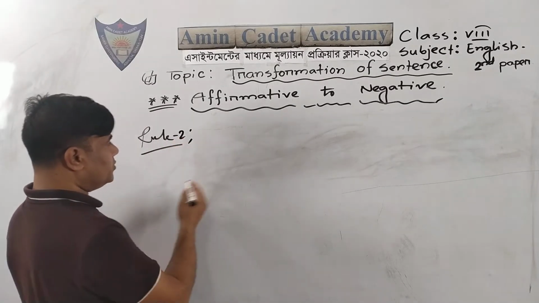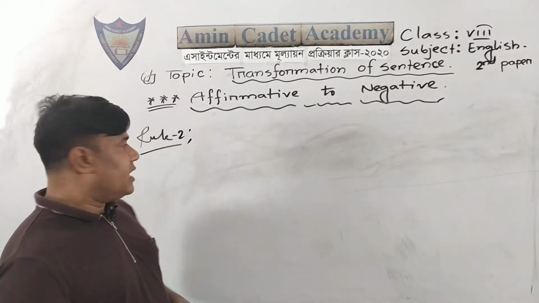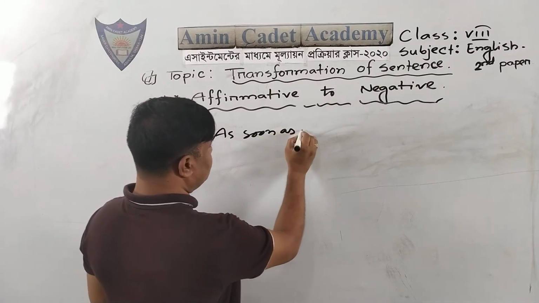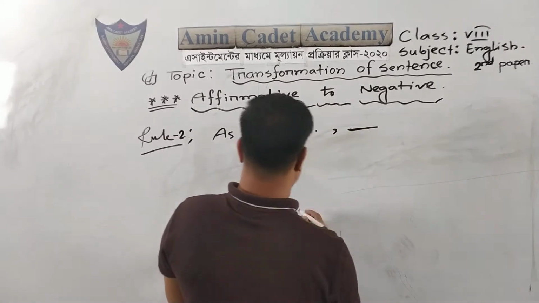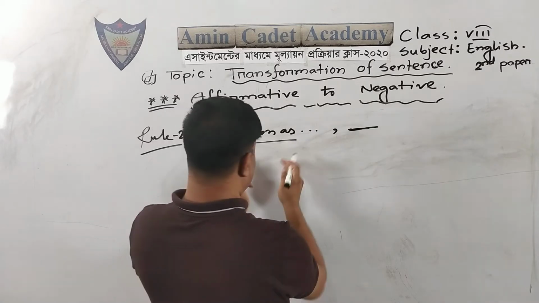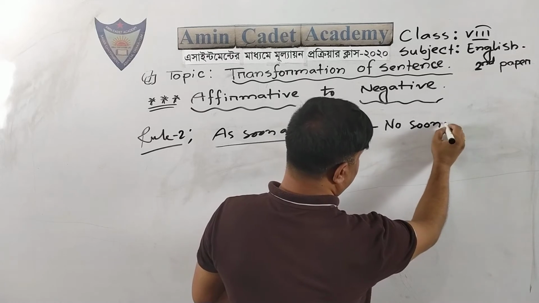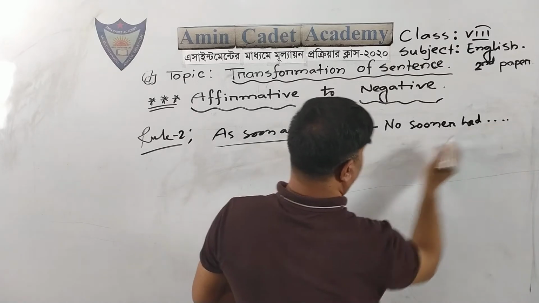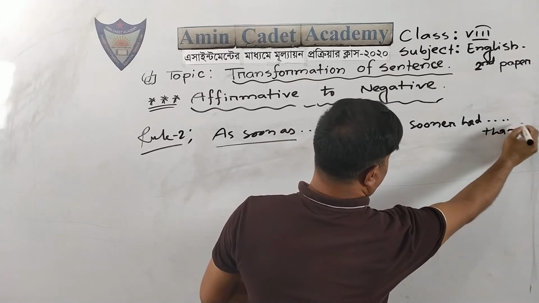Here, rule 2. Listen to me. If any affirmative sentence carries as soon as ..., comma, then at the side of the negative sentence, instead of as soon as, you should write no sooner had, and instead of comma you must write then.